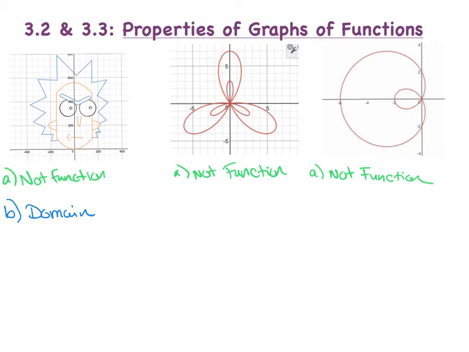So now if you remember, domain was all of your x values. Now each one of these graphs has an infinite number of x values. The x values start way back here at, what do you think that is? Negative 300 is here. Negative 350 is here. So maybe they start here at negative 375.